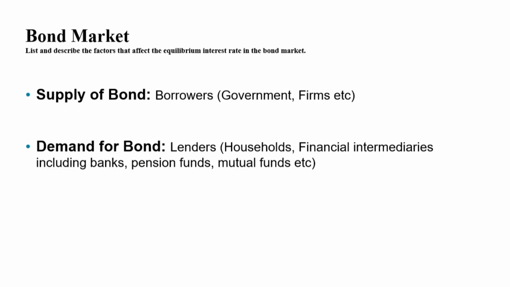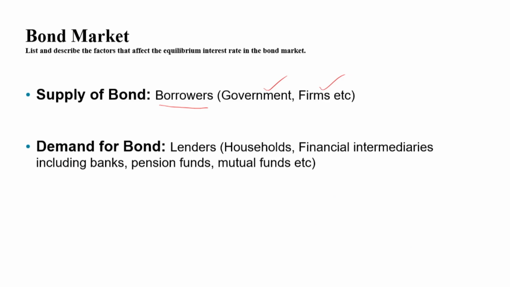Here we will be describing the factors that affect the equilibrium interest rate in the bond market. The suppliers of bonds are the borrowers, who issue the bonds. Mainly governments, sovereign governments, and firms are the main suppliers of bonds.